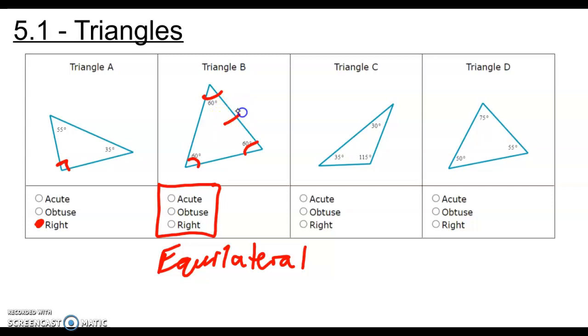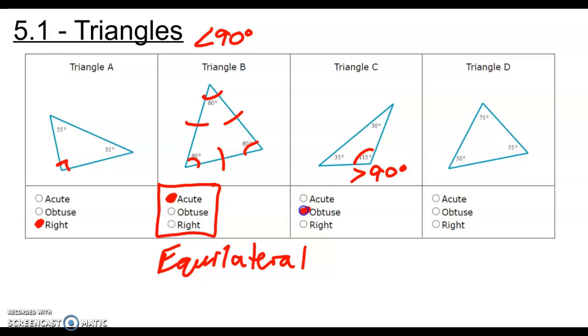You'll notice when you have an equilateral triangle, you end up with all three sides congruent and all three angles congruent. Now, for the sake of what it's asking us here, that's going to be an acute triangle because all three angles are less than 90 degrees. When all three angles are less than 90 degrees, that's going to be an acute triangle. And then when we're looking at triangle C, you've got one angle measure greater than 90 degrees.